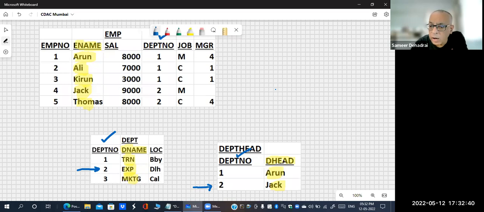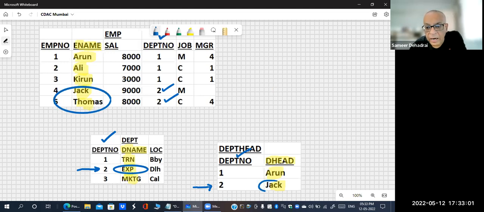Only for this row, mind you, it will search for 2 over here. 2 rows are present. Both conditions are satisfied. It will return the D name, that is exports, the E name, that is Jack and Thomas, and the D head, that is Jack. Output is this.